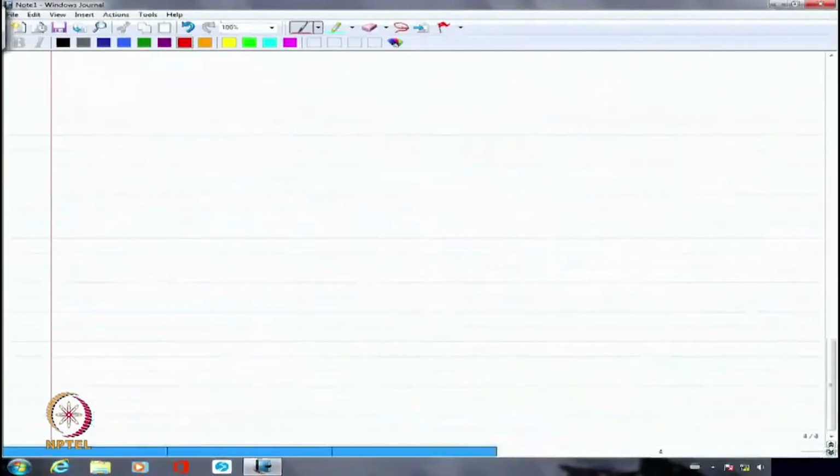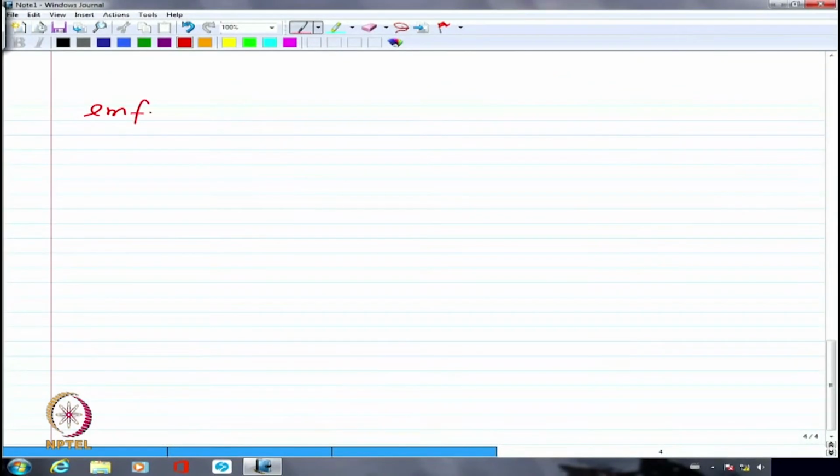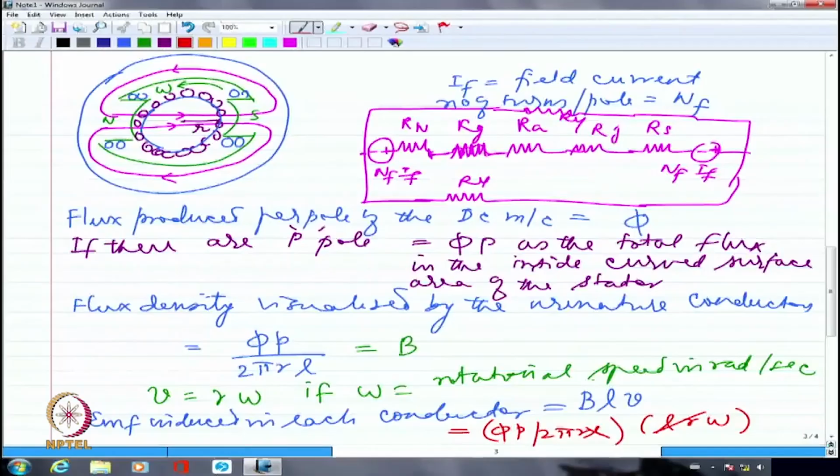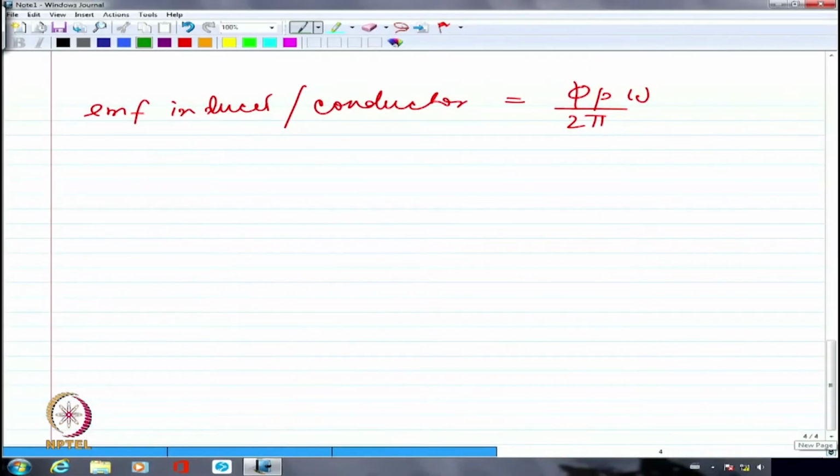So the EMF induced per conductor is equal to phi p by 2 pi multiplied by omega.